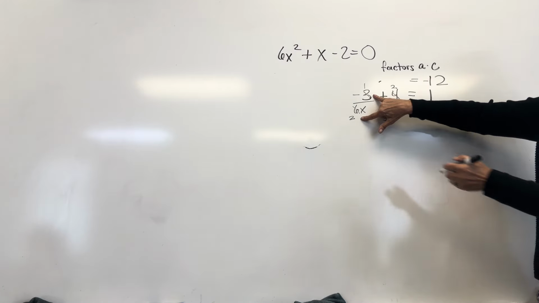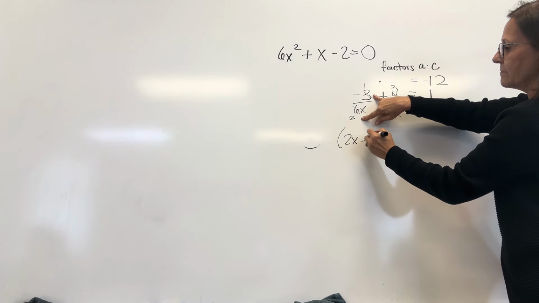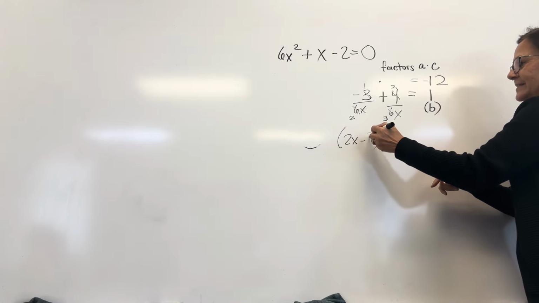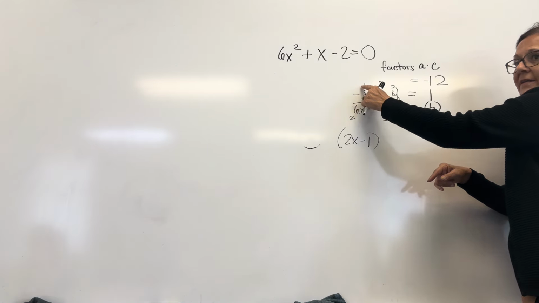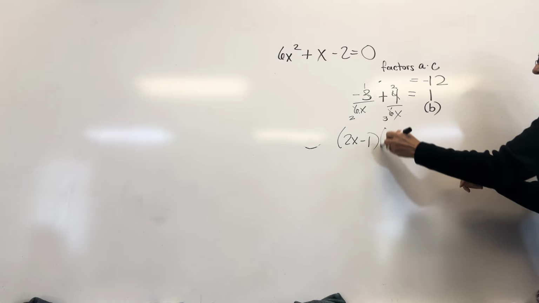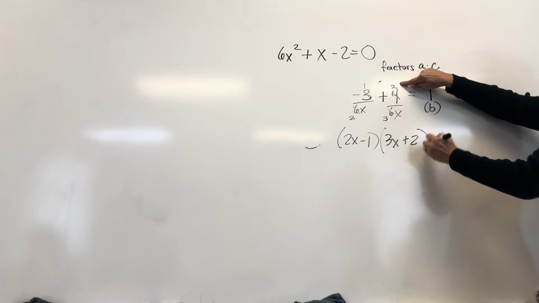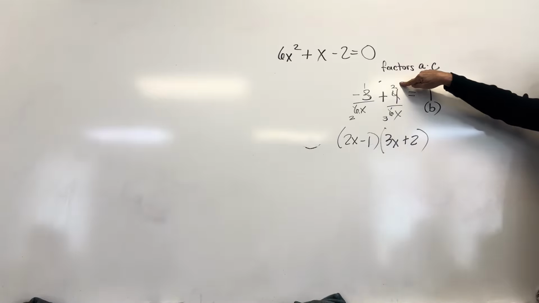Now this is our factors, bottom to top. 2x minus 1, I simplified it. 2x minus 1, y'all see that? Times 3x plus 2. It's a pattern that works every time.